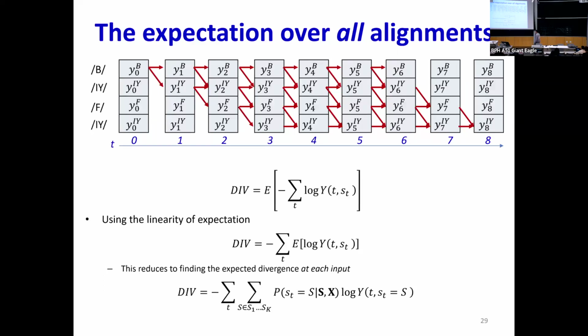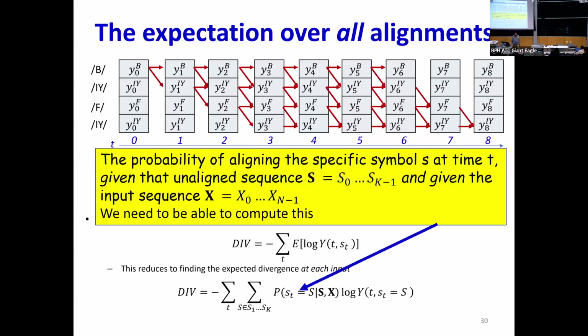And then you're summing this over the entire column. That makes sense to you guys? Right? So the question is then, how do we compute this probability? This is the probability of aligning a specific symbol S at time t, given the input and given the compressed sequence, right? So we need to be able to compute this term.